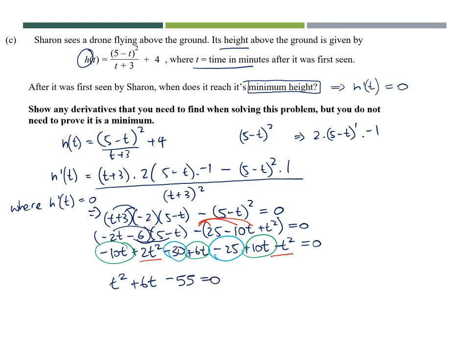Now I have to factorise that. That becomes (t plus 11)(t minus 5) equals 0. So that suggests that t is 5 or negative 11. But t cannot be negative 11 because you can't have a negative time. So t therefore is 5 minutes.